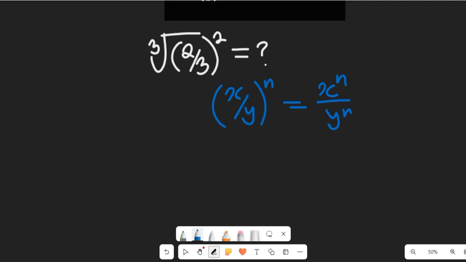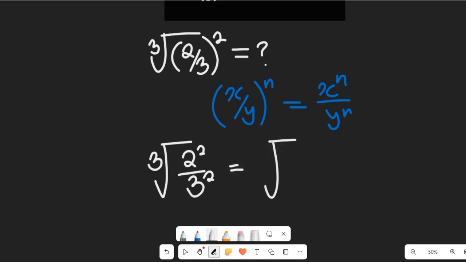So if we have that expression, we can simply separate that index, and that is going to give us the cube root of 2 to the power of 2 divided by 3 to the power of 2. Let's take it slow. Now, if we simplify that, this expression gives us the cube root of 4 divided by 9.